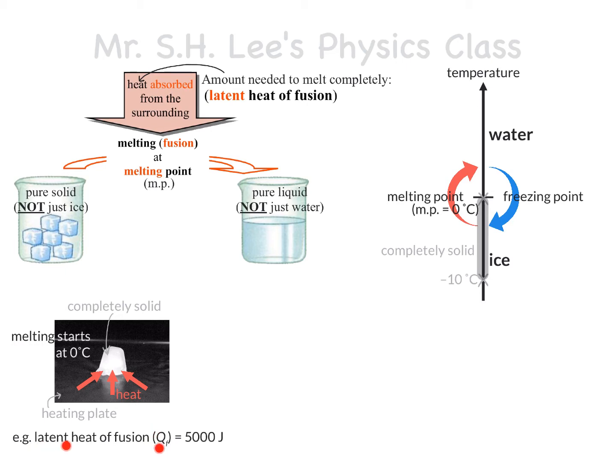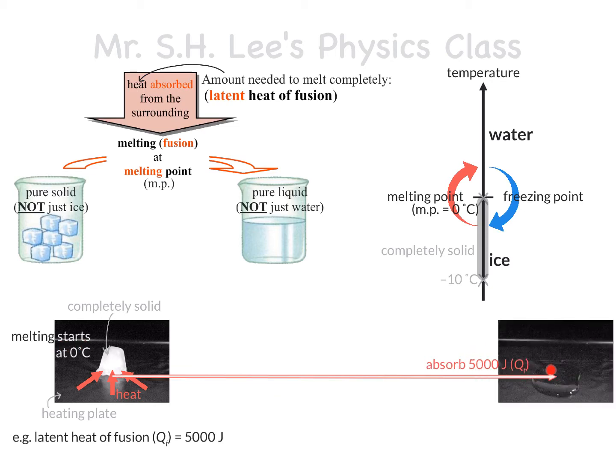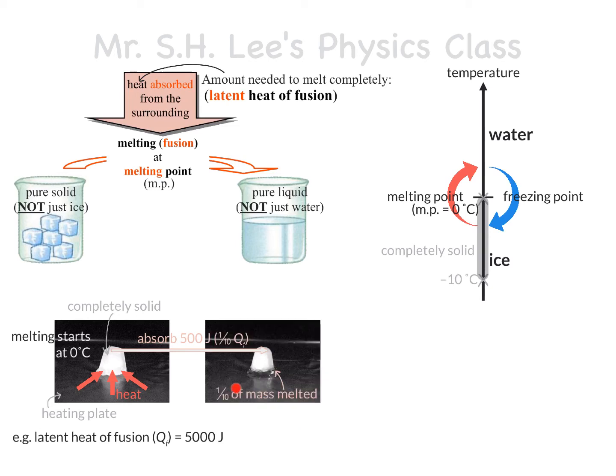Let's say its latent heat of fusion is 5,000 joules, then starting from this moment, it has to absorb 5,000 joules for the entire piece of solid to melt completely. Then, when you have provided, say, 500 joules of heat to it, that is 1/10 of its latent heat of fusion, then 1/10 of its mass will have been melted to water.